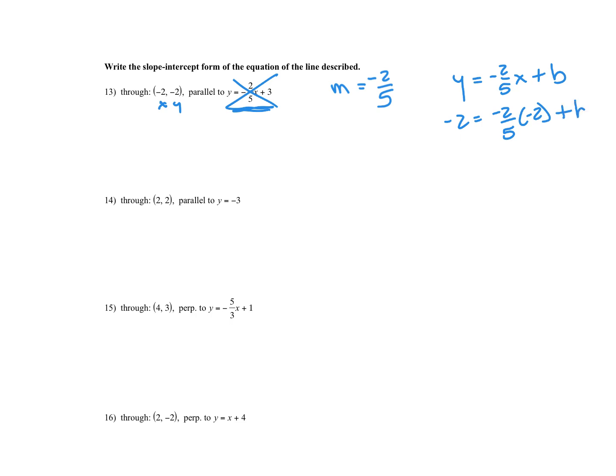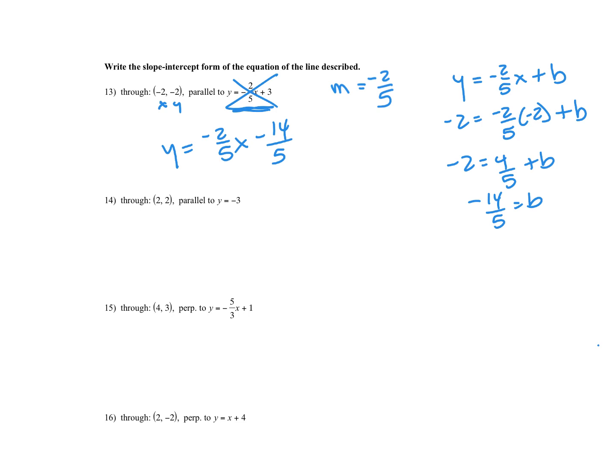And now we can find b. -2 equals 4/5 plus b. So when you subtract 4/5 from -2, you get -14/5 equals b. So now we have y equals -2/5 x minus 14/5.